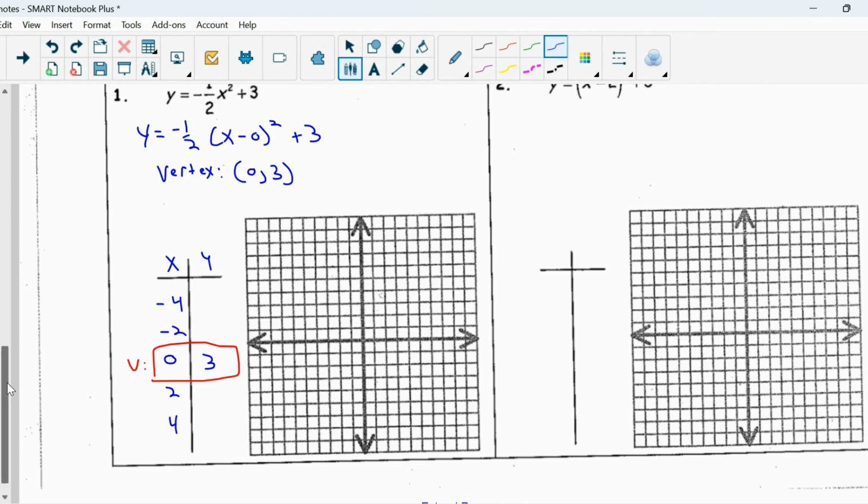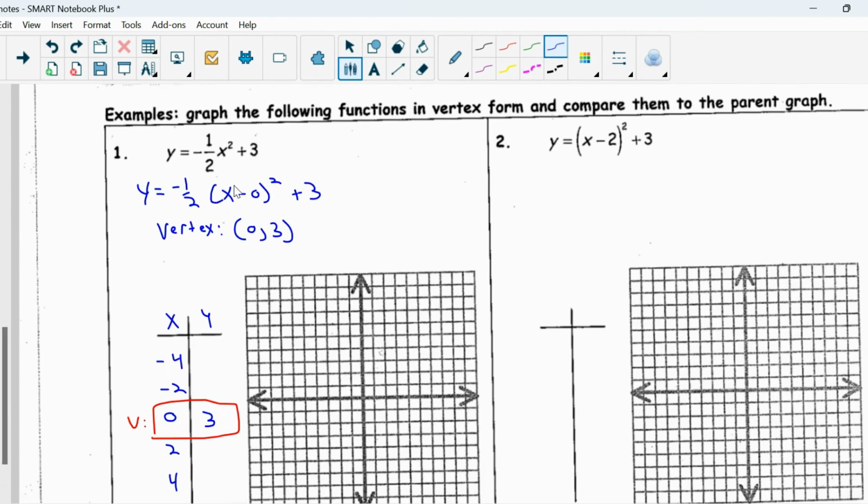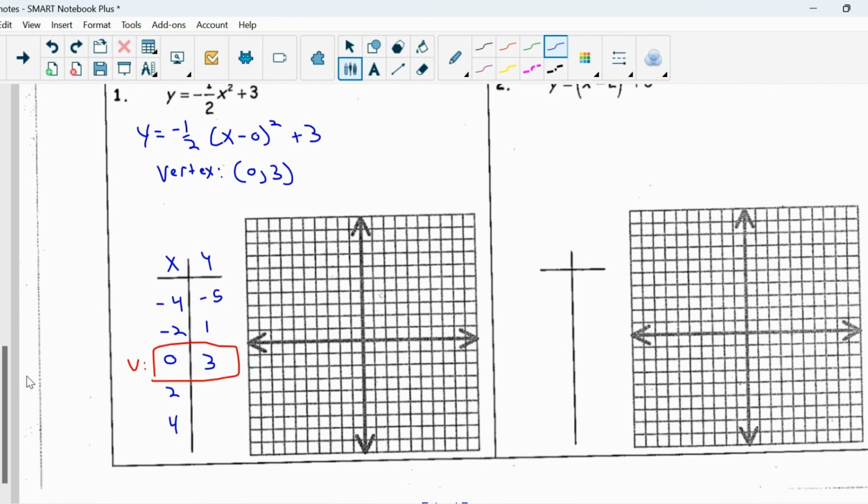If we substitute -2 into our equation, we'd have -2 squared, which is 4, times -1/2, which is -2, plus 3, which gives us 1. With -4, we would have 16 times -1/2, which is -8, plus 3, which gives us -5. And we know this will reflect, so we have the same values on the positive side.